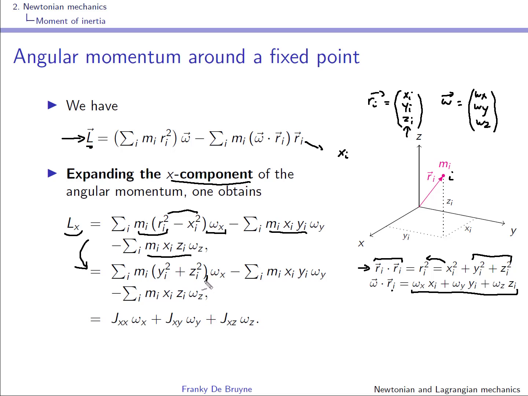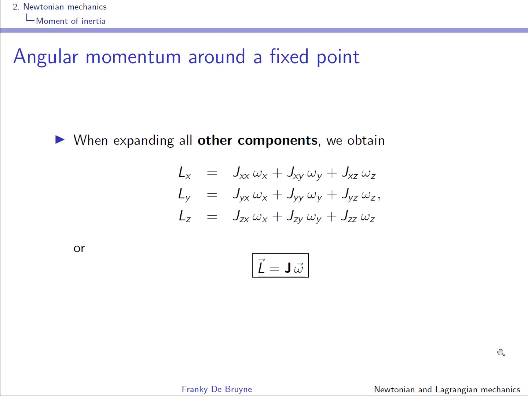And this one we'll call J_xx, this one we'll call J_xy, and this one we'll call J_xz. And you can do something similar for the y component of L and the z component of L. We've done everything in detail for the x component of L, L being the total angular momentum.